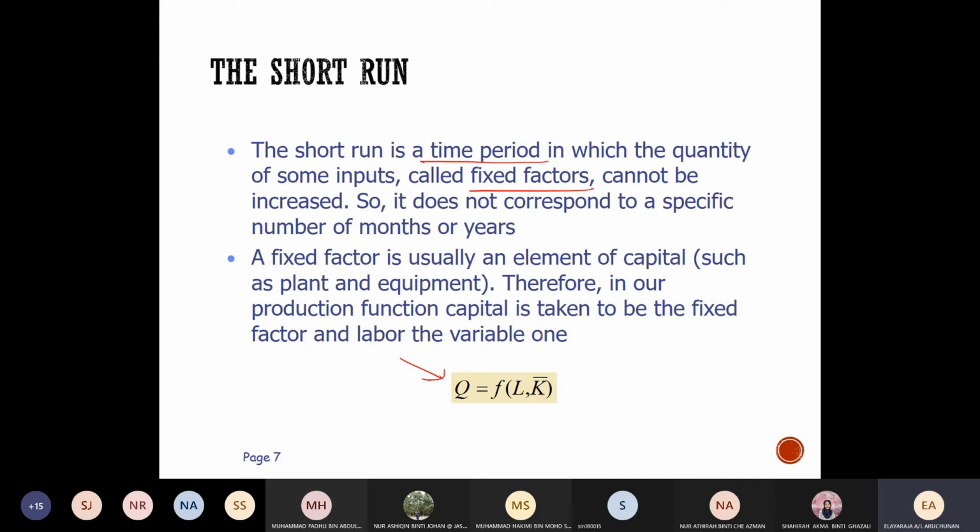When we fix the capital, because it is a fixed factor, we indicate it as K bar. K bar indicates a fixed factor, and L is the labor, which becomes the variable.